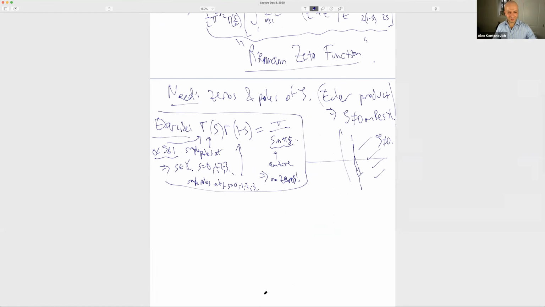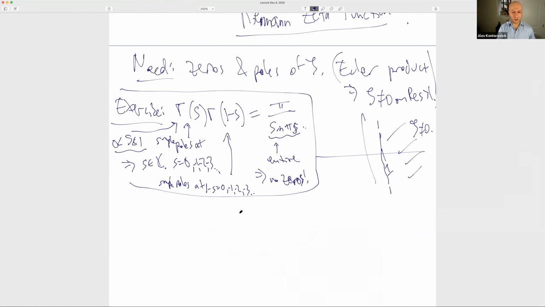But wait a second. If 1 minus s is equal to this, then when 1 minus s is 0, that's when s is 1. This thing is equivalent to s being 1, and then 2, and then 3, and then 4, and so on. So these poles give us 0 and the negative integers.